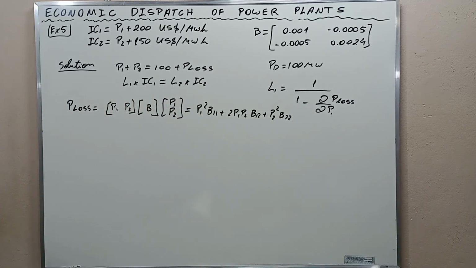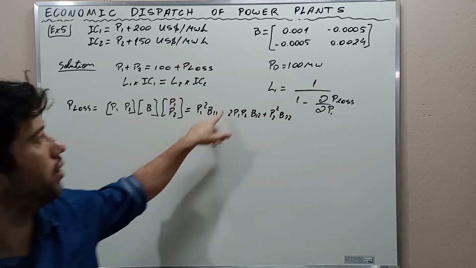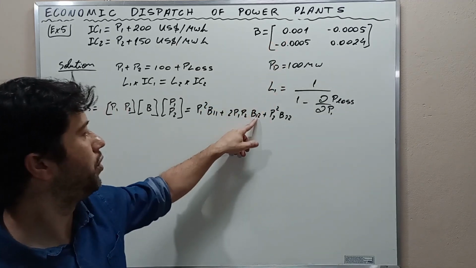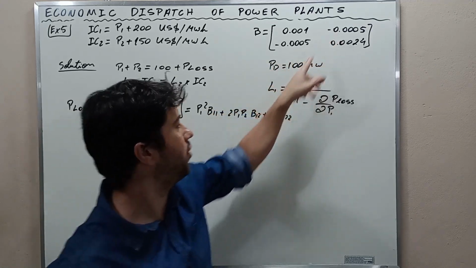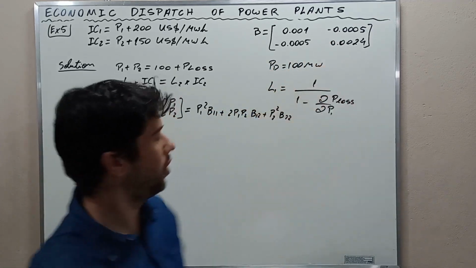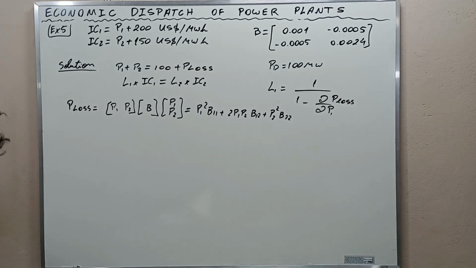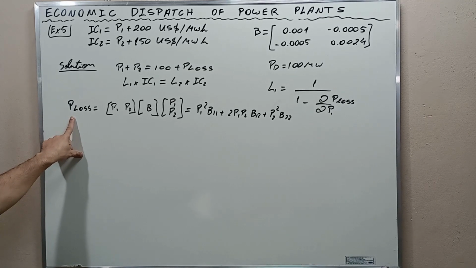If we use the values of B11, B12 equal to B21, and B22, we find the expression for the power lost.